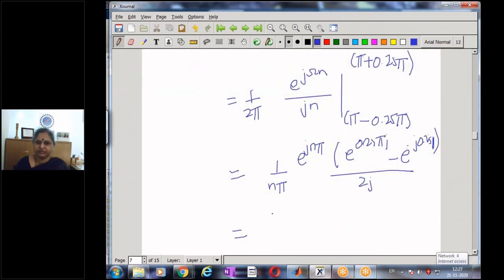So this now becomes e power j n pi, which will become minus 1 to the power of n, and then this quantity we can recognize as sinc n omega c, because my omega c is say 0.25 pi.